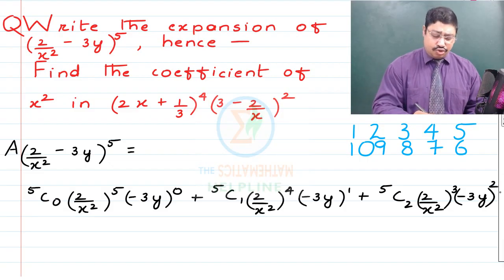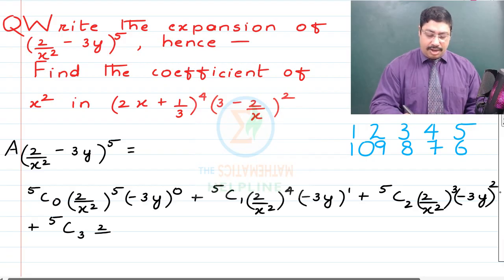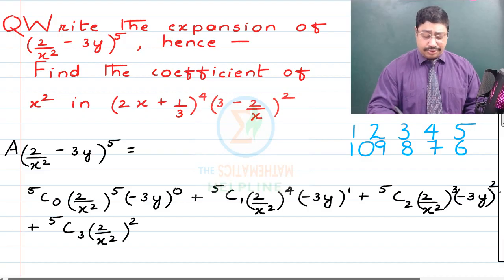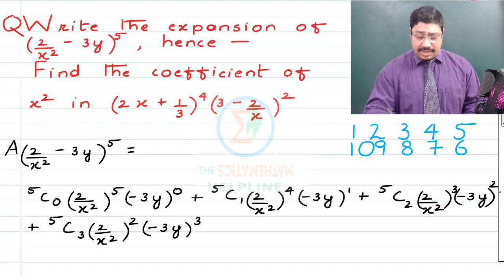Further then, 2 more terms to go, right? So that's 5c3, (2 upon x squared) raised to the power 2, and (minus 3y) raised to the power 3.